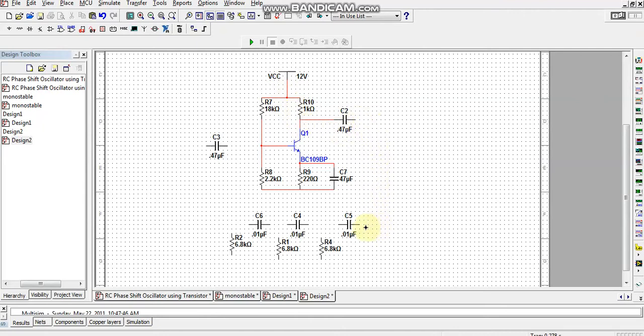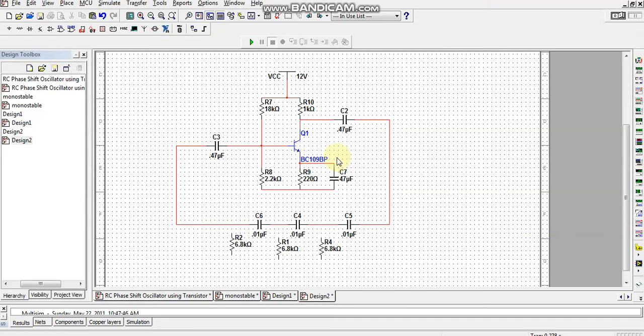All capacitors I connect here, and between these two also I connect. And this one to this junction.